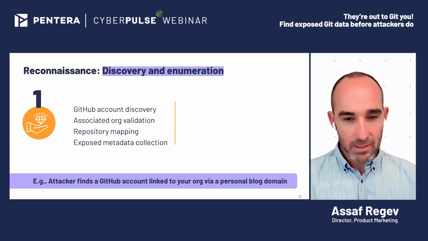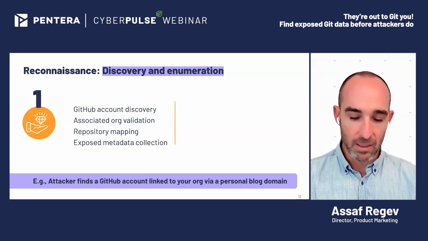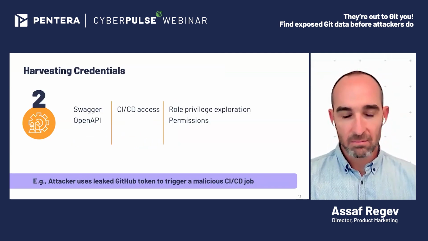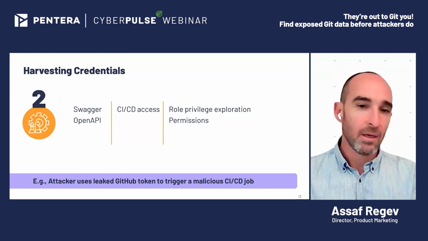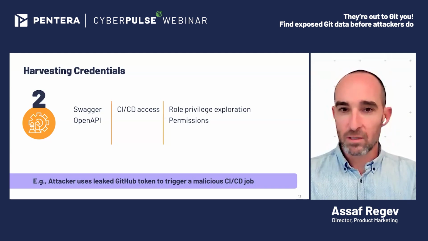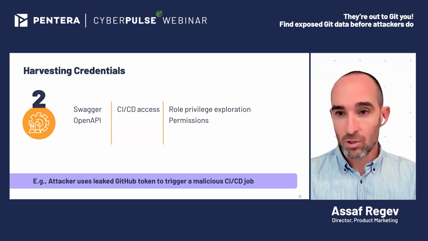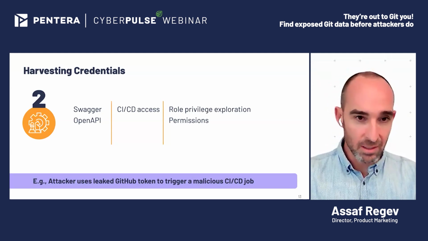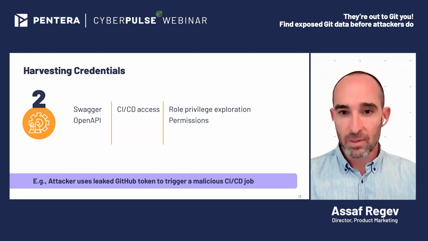And from here, once they have the blueprints, it's just a matter of deciding what the next step is. And typically, the next step is, as we've said before, harvesting credentials. What does that entail? It means looking at the APIs, Swagger and API files, understanding how your services communicate, whether human or non-human identities, how services communicate within the organization, looking at CI/CD platforms like GitHub Actions or Jenkins, and going from there, broadening their permissions.